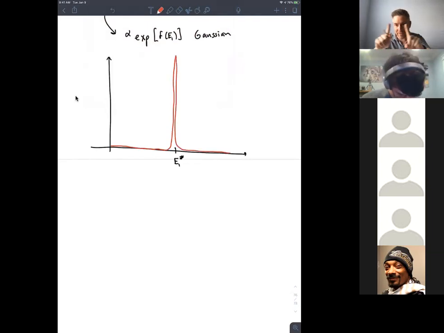And again, the width of this distribution is going to be inversely proportional to the square root of the number of molecules that we have, which is very, very big. So this distribution is essentially a delta function centered at E1 star. You really only have to worry about one possible value of the energy, the equilibrium value, E1 star.